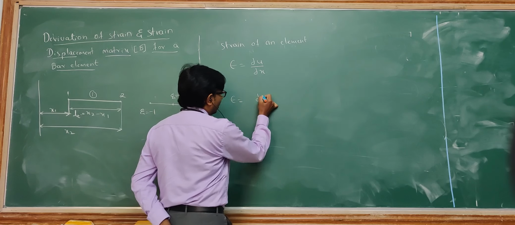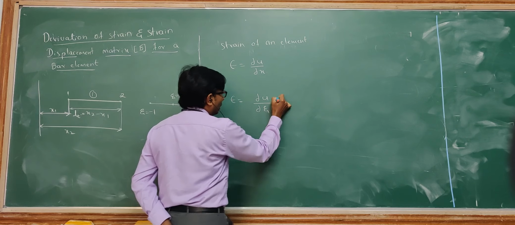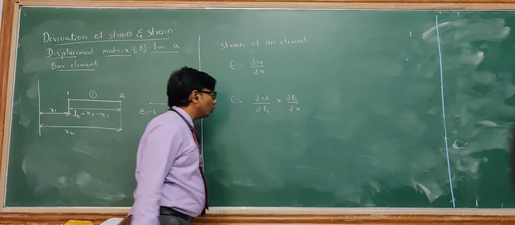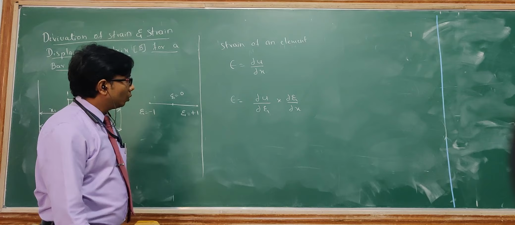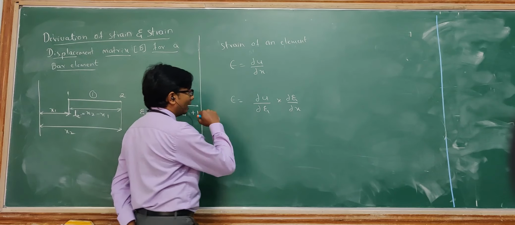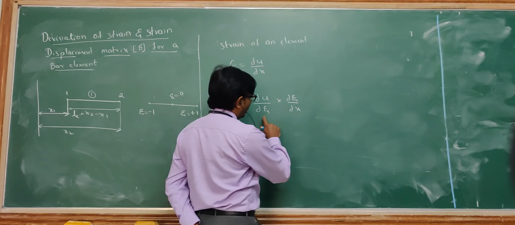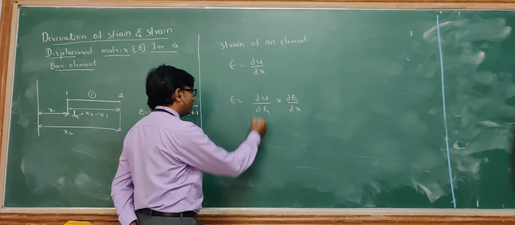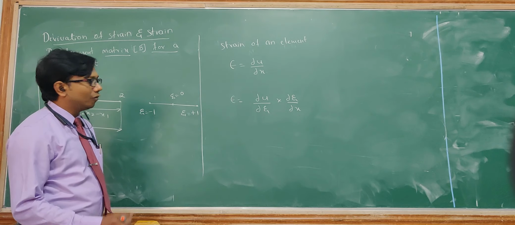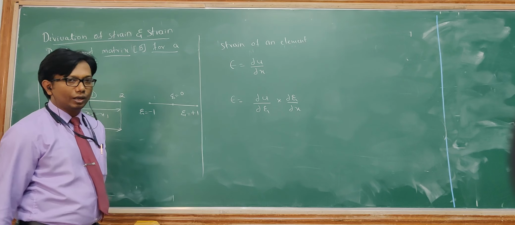If I write this particular equation as dou u by dou zeta into dou zeta by dou x, it doesn't change anything because I am multiplying and dividing by dou zeta. Okay, so I have got two particular equations. I will be individually solving these two equations in order to find the strain value, which is in terms of the natural coordinate system.